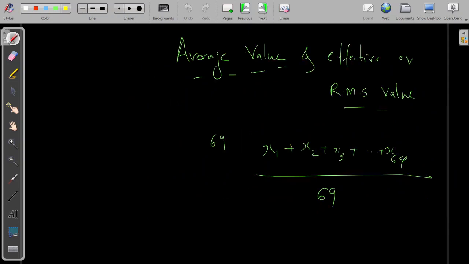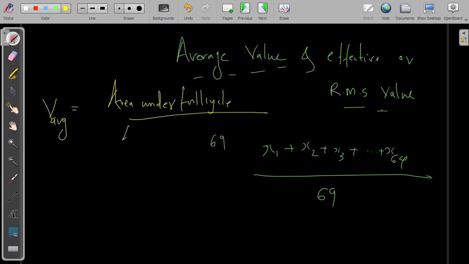The average value of voltage, V average, VAVG, is equal to the area under the full cycle divided by the length of one cycle. Okay, this is the definition.